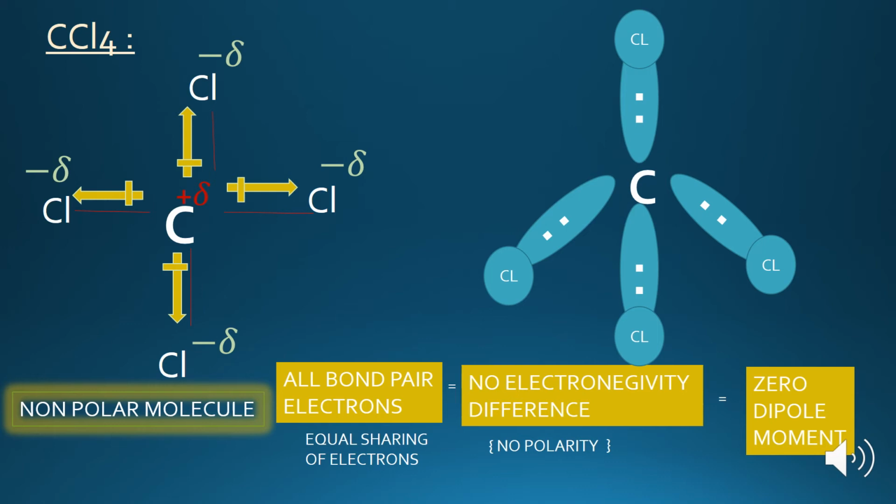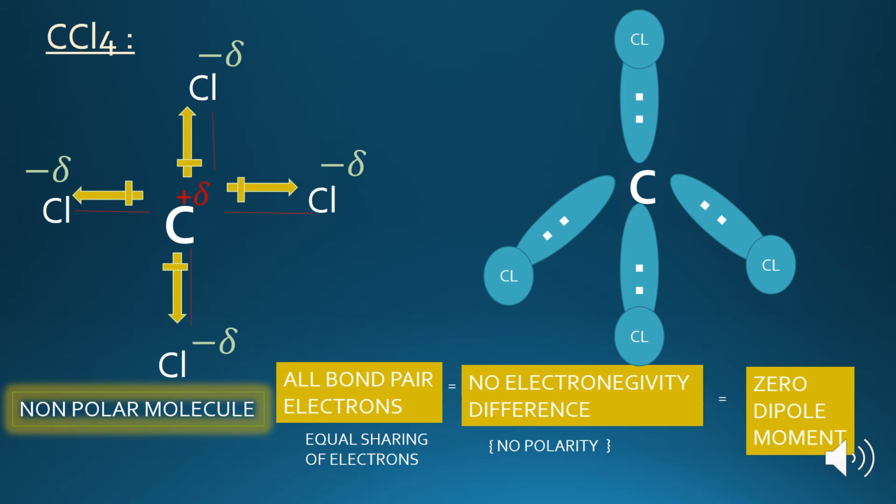So what will the dipole moment be in the case of carbon tetrachloride? Now friends, look here: the chlorines are attached to the four corners of the carbon. So these will cancel out each other's effect.